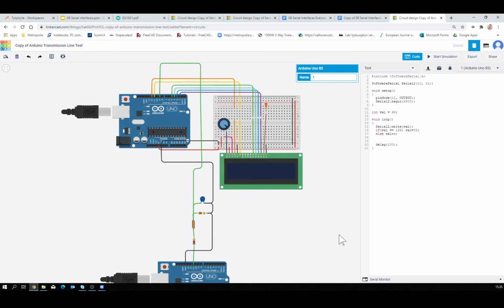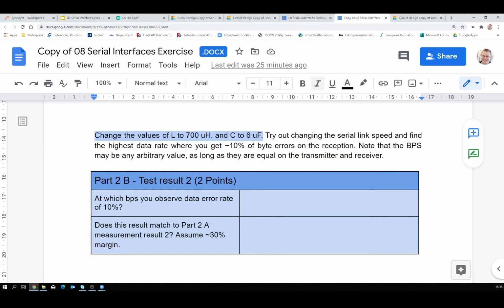The speed must match. And see what is the bit rate where you can observe the data error rate of 10% with those L and C values.